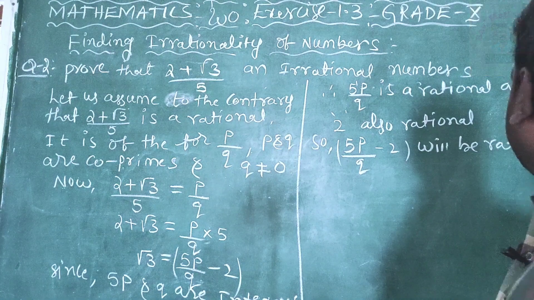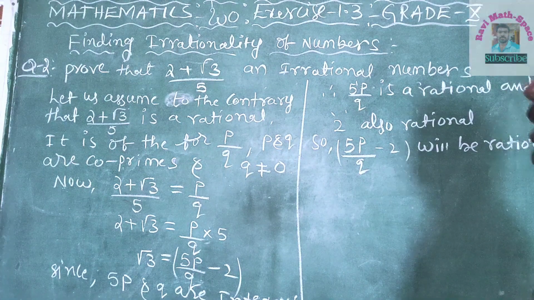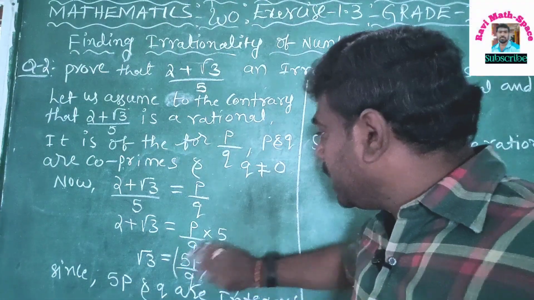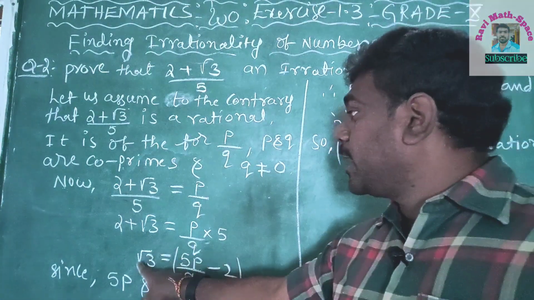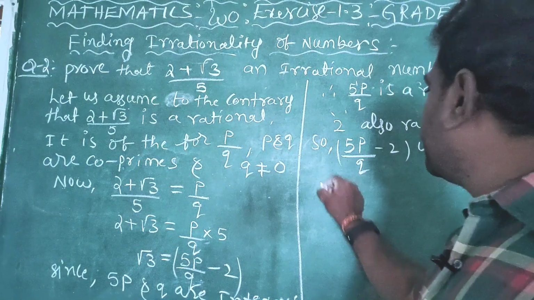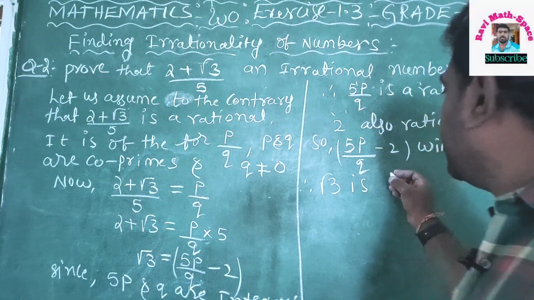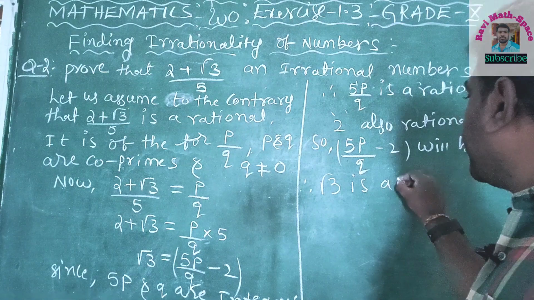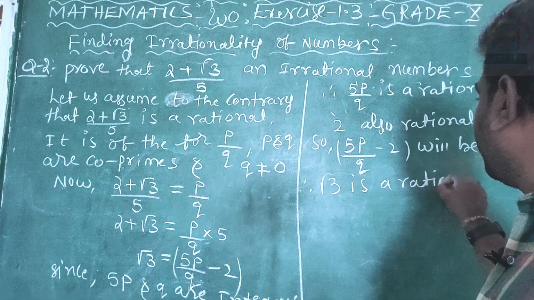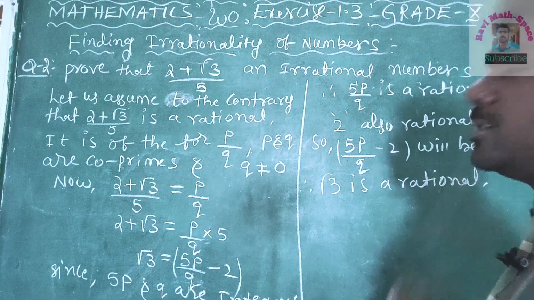When this total is rational, automatically root 3 is also rational.